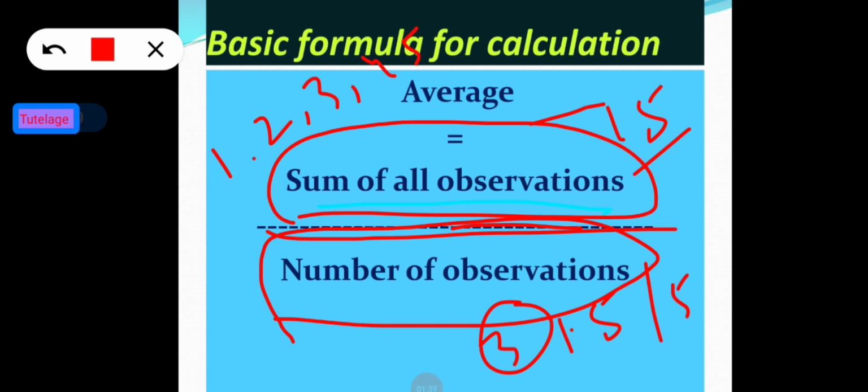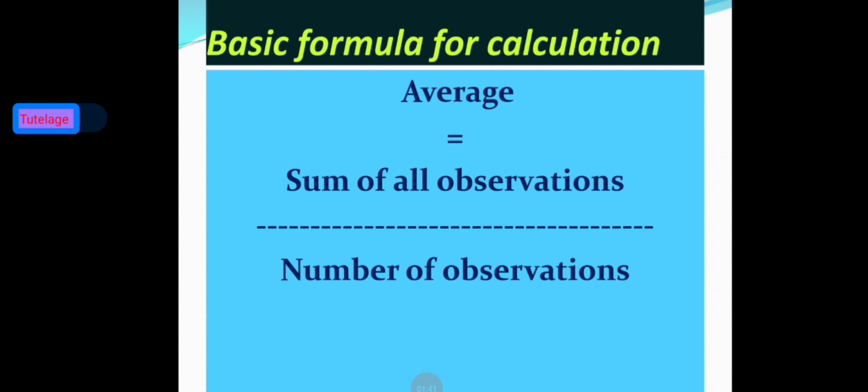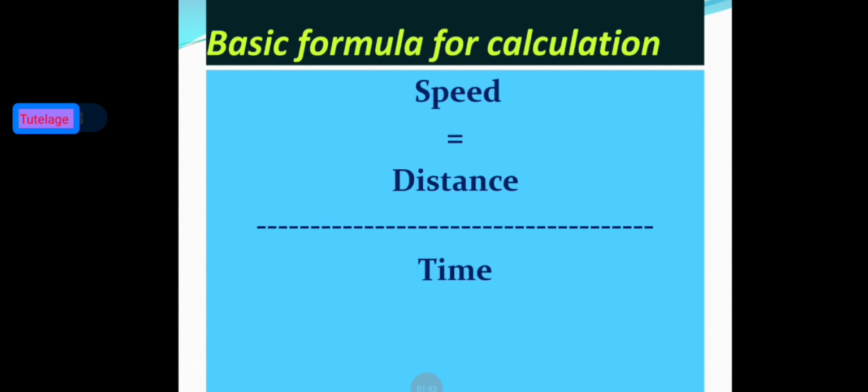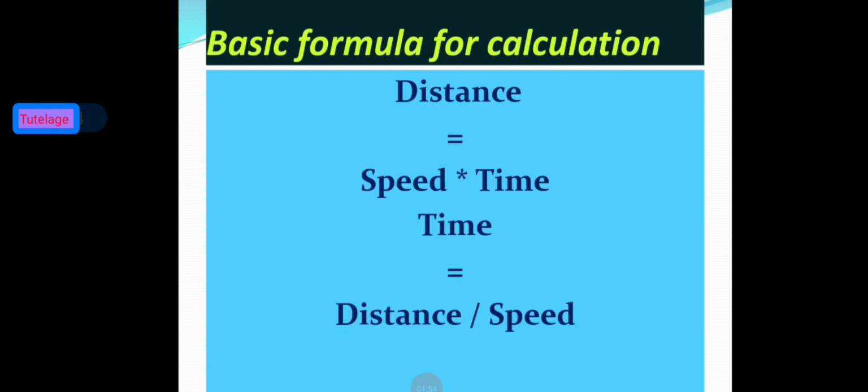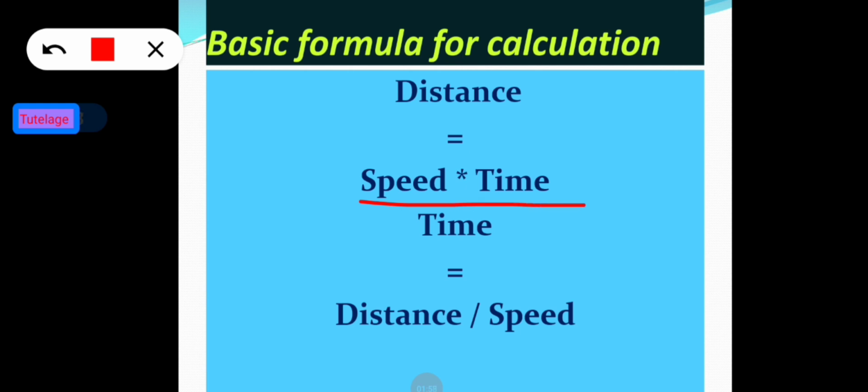So now going to the next formula for another area of mathematical reasoning, and the area is distance, speed and time. Okay, so here we can see distance equals speed into time.